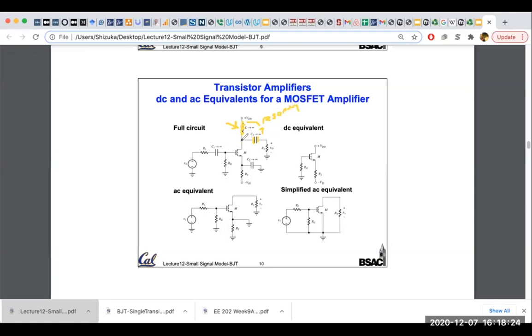So you want this node to be high impedance. If you make this high impedance, any current coming into this node will create a big voltage, right? Because current times this impedance becomes voltage. So this node should be connected to a high impedance circuit system, because you want voltage at the output.